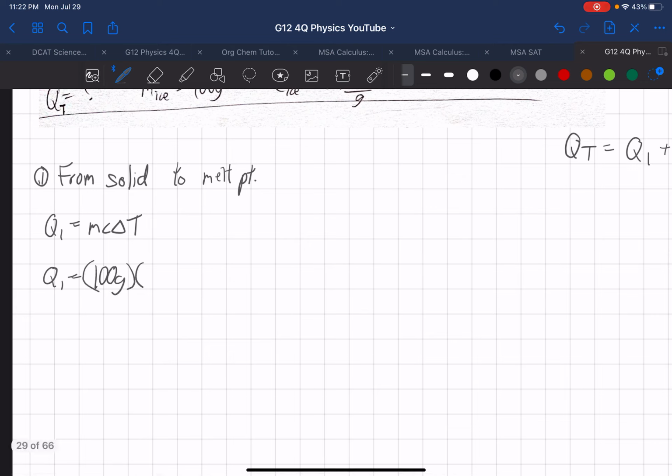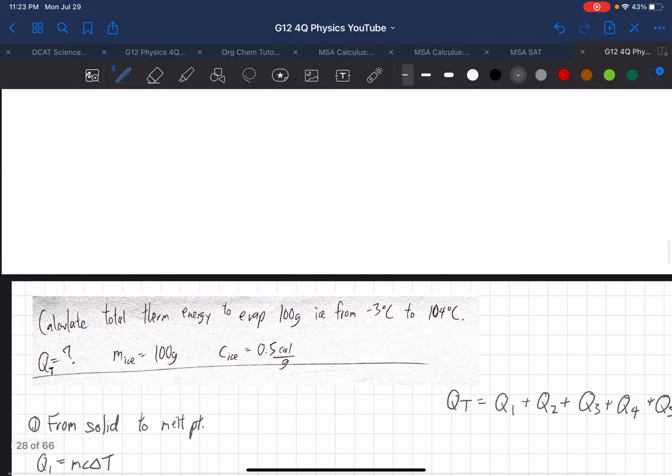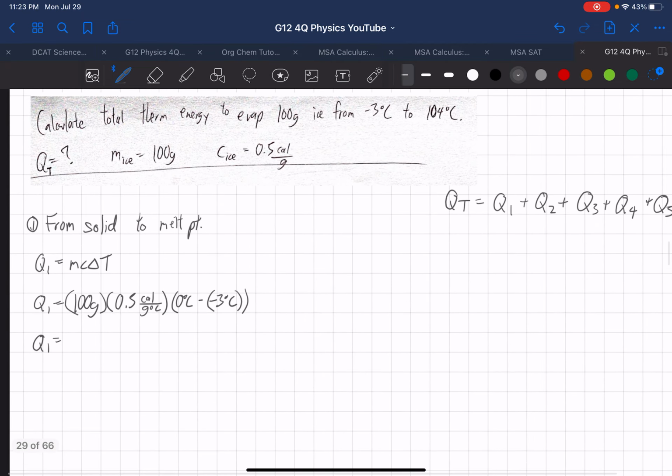Well, that's initial, so should be here. What's our TF? So the melting point. Melting point is 0 degrees Celsius. Everything good so far? 100 times 0.5. Correct. So what's the answer? 150 calories.